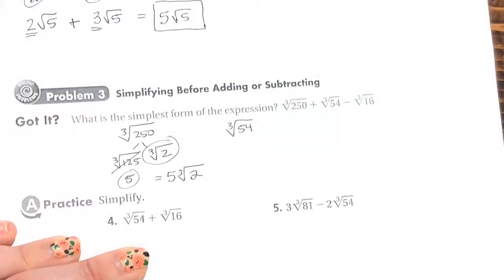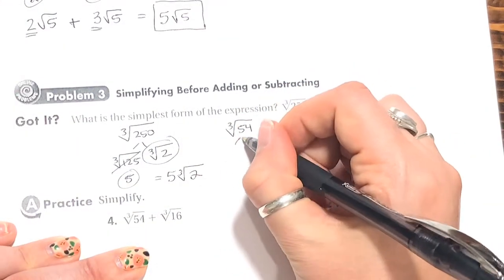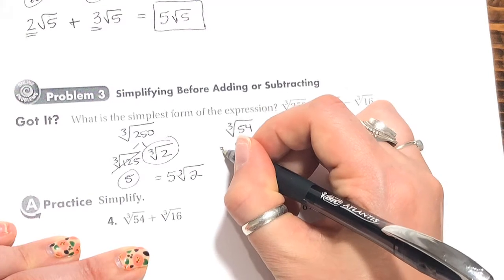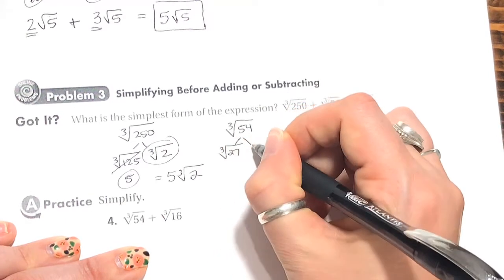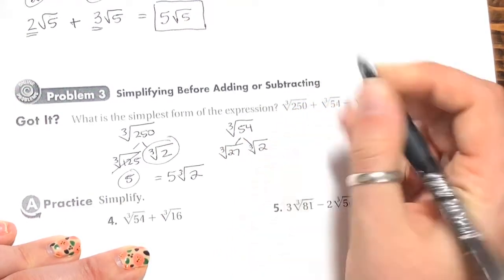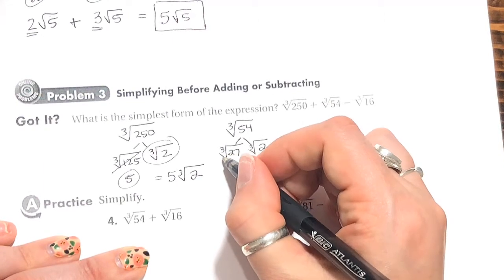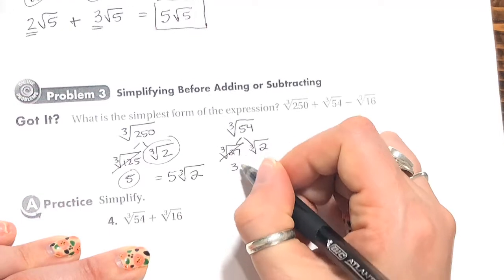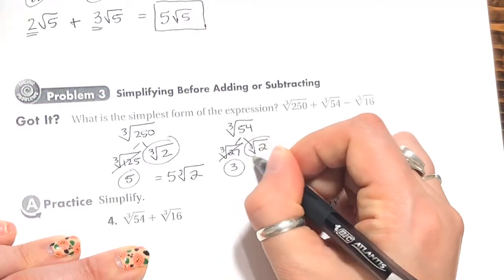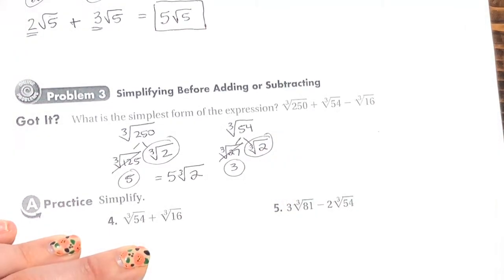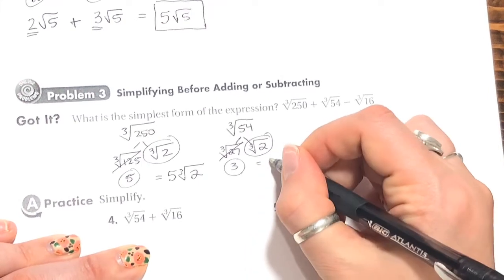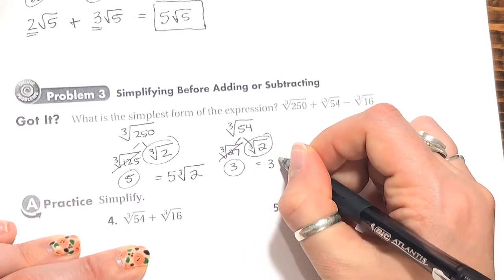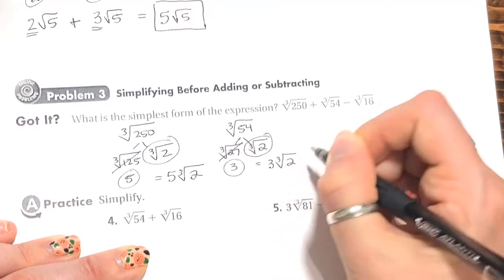So 27 and 2. We want to rewrite this as the cube root of 27 times the cube root of 2, where the cube root of 27 is 3, since 3 times 3 times 3 is 27. And then just like the last one, 2 is going to stay inside that cube root. So our answer for that one would be 3 times the cube root of 2.